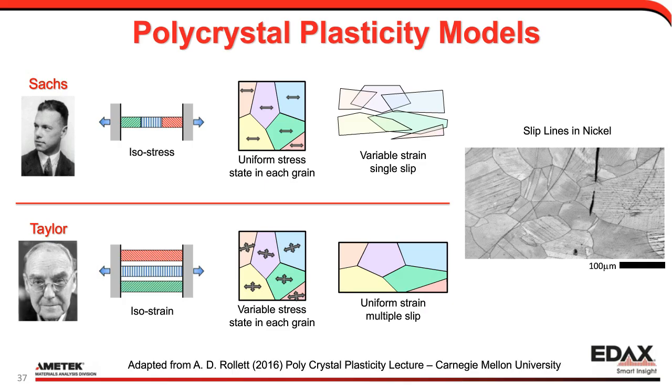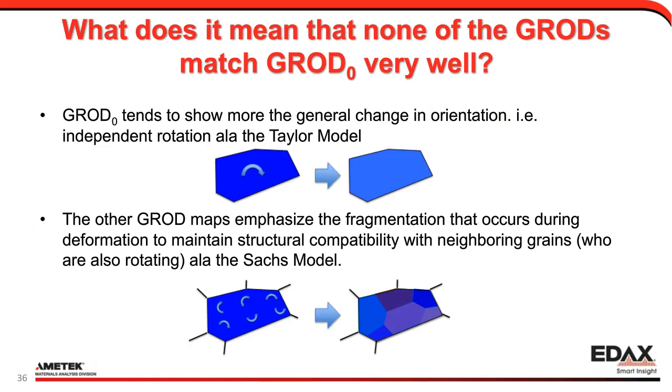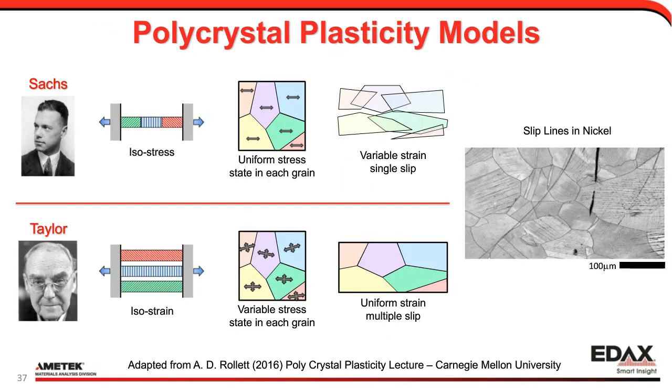And so if we go back to the previous slide, you can see that the Taylor model would be uniform strain within the material, whereas in order to make the Sachs model work, in a sense, you would have to have different amounts of strain in the material. So our GROD maps give us some insight into how strain is happening.